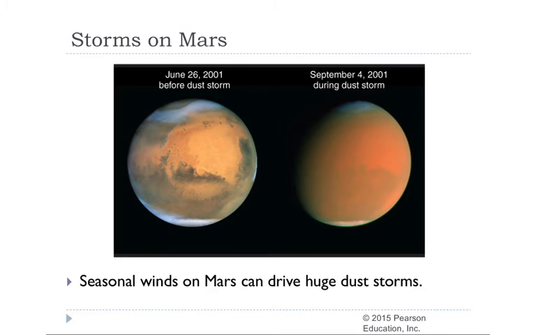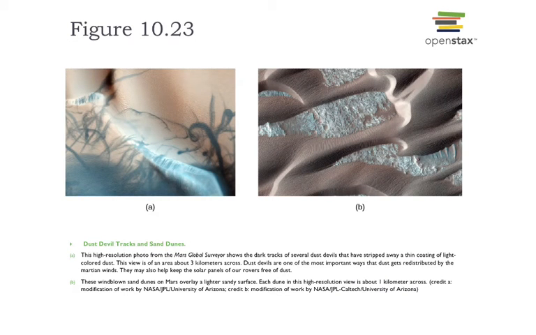So, extremely large dust storms. And here's an image of the sand dunes and that fine dust that they call dust devils. Again, those can be very small, and they travel long distances, and that's how those dust storms are able to get extremely large.